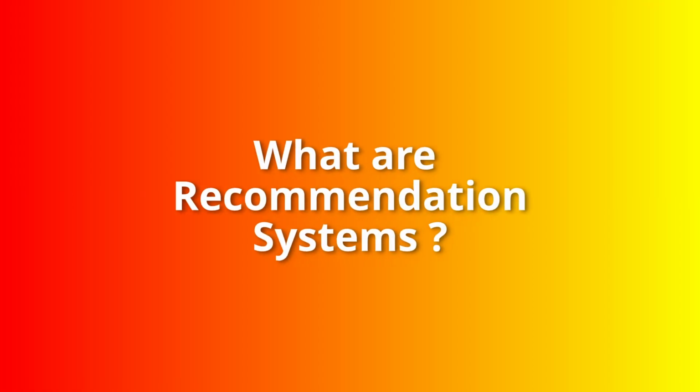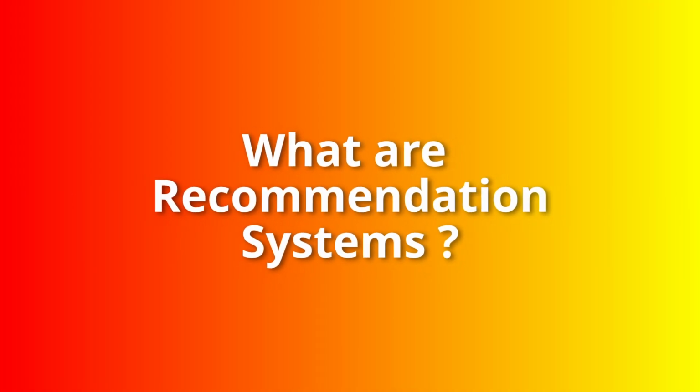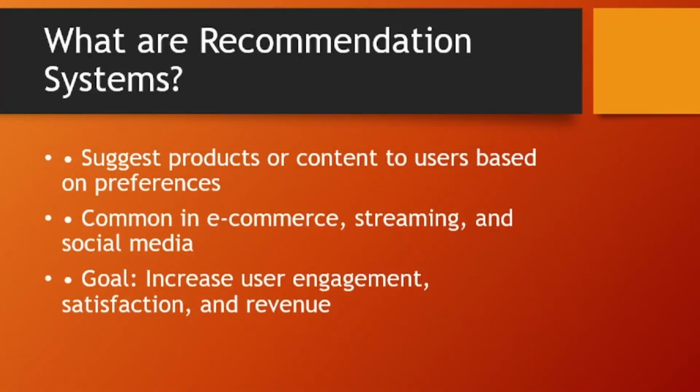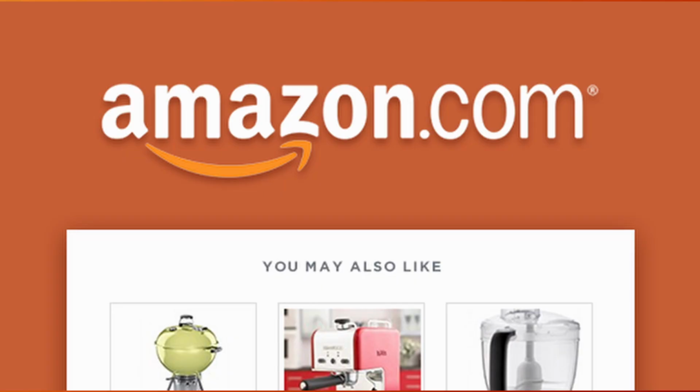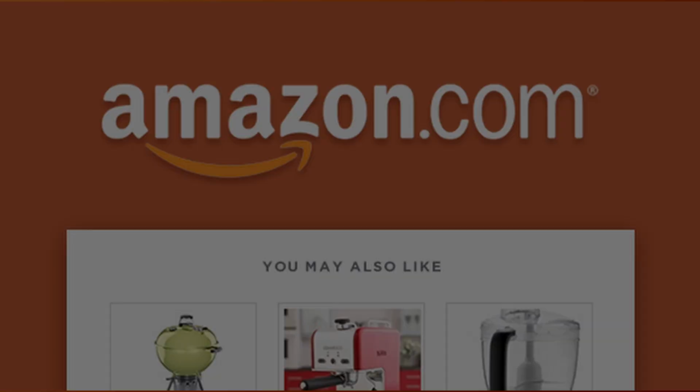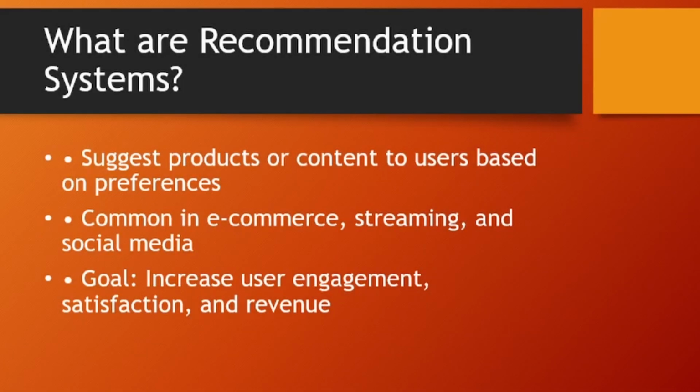Before we get into reinforcement learning, let's understand what recommendation systems are. You have been using them everywhere, like Netflix suggesting your next movie, Amazon recommending products, YouTube lining up what will be your next video. These systems aim to suggest relevant items based on what the user has liked, watched or bought.